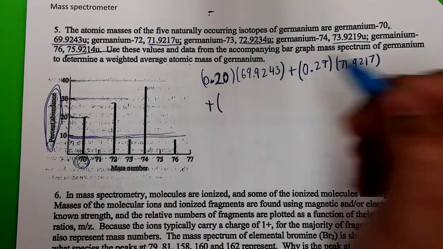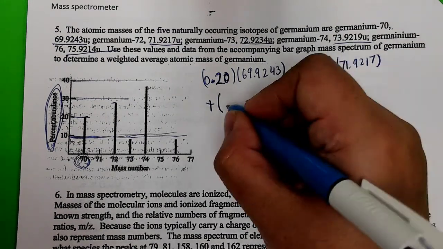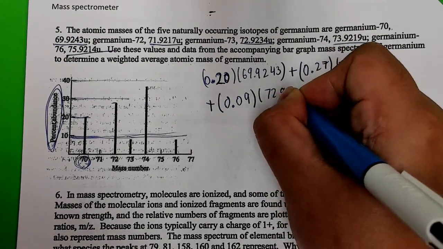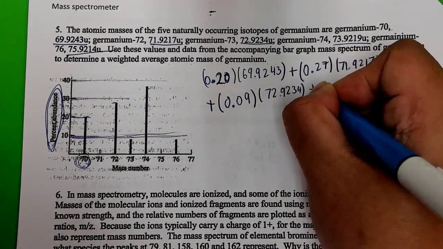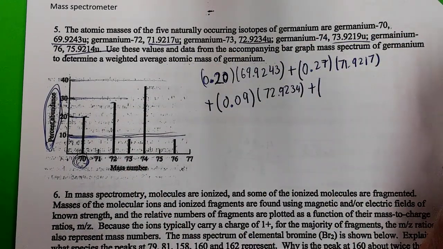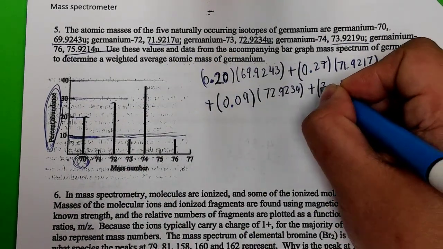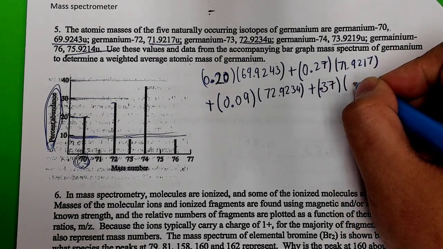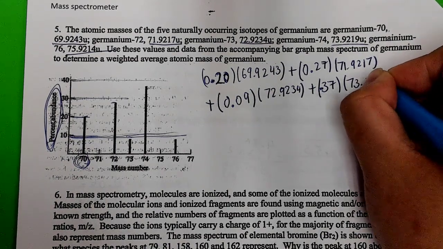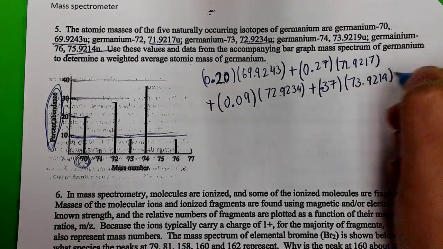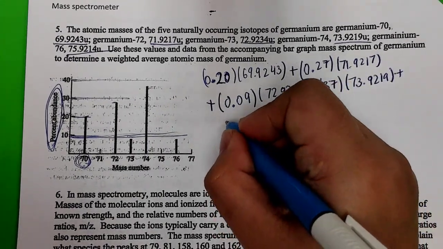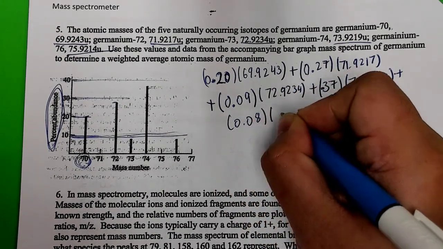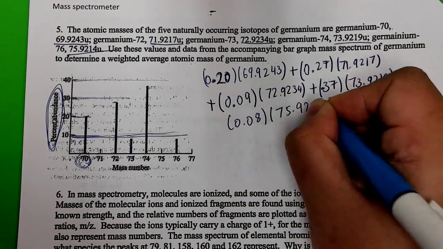This one is about 10ish, maybe 9, so 0.09 times 72.9234, plus this one is about 40ish, but not really, 37 maybe, times 73.9219, and then plus this last one, a little bit less, maybe 0.08 or so, times 75.9214.